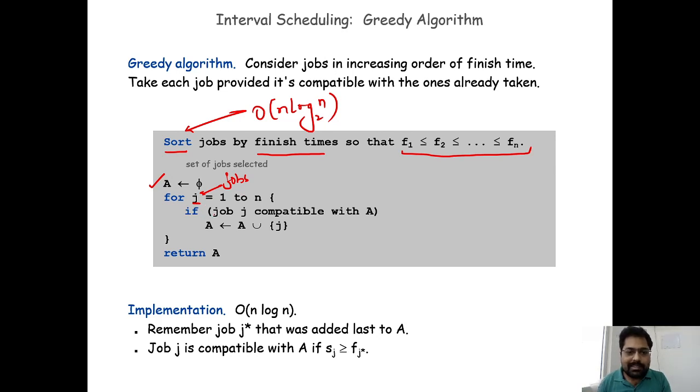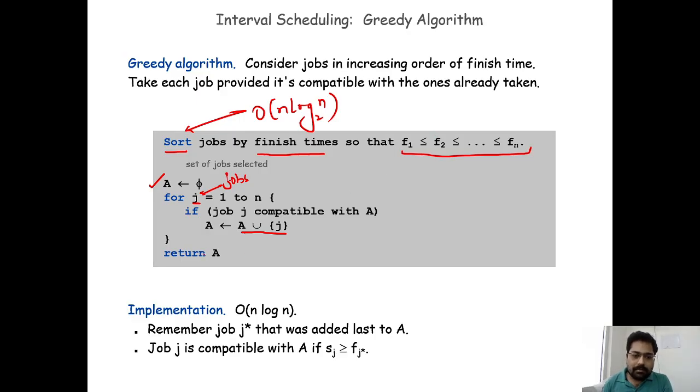Next, we have written an if condition: whether job j is compatible with A or not. If it is compatible, we add that job to the array, or the set. So we have written a union, which is the mathematical notation for adding an item to the set.